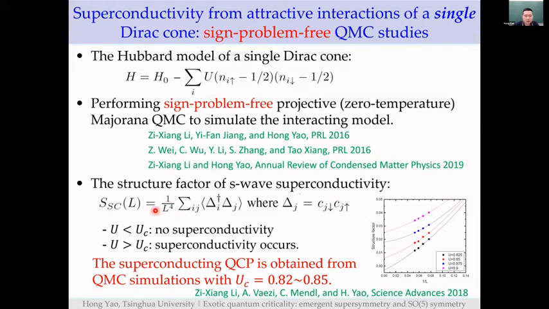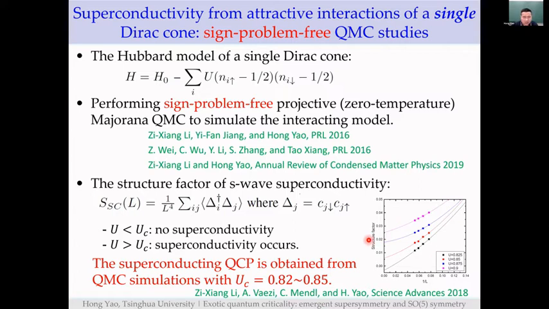So we study the structure factor of this S-wave superconductivity. Since it's on-site attractive U, we expect that superconductivity is on-site S-wave. From this structure factor, after the finite size scaling, we can obtain whether this superconducting order parameter is zero or not.